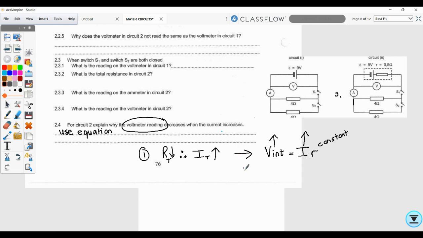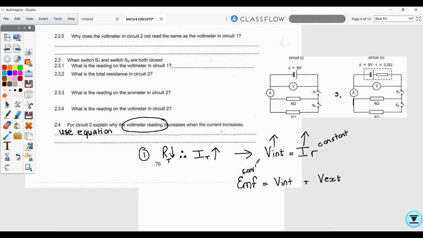Now you go and look. You know that EMF is the total voltage, the total energy supplied to each coulomb of charge by the cell. Okay, so that's the definition of EMF. So EMF is V internal plus V external. That is on your information sheet. I think they call it V load for external. Doesn't matter. But what again do you know about EMF?